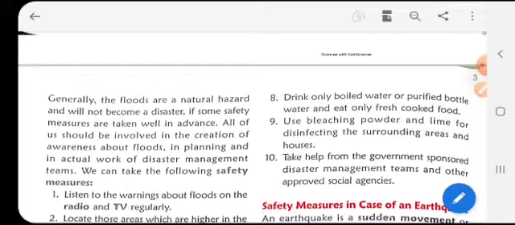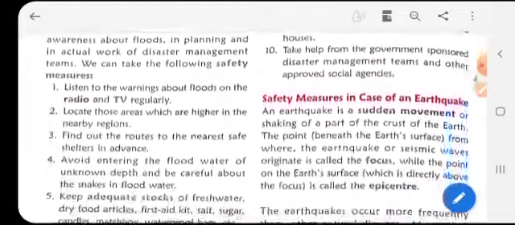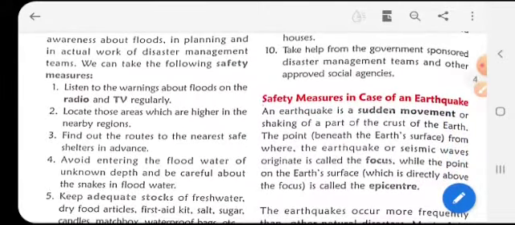Then take help from the government sponsored disaster management teams and other approved social agencies, and be safe during the floods also. Now, this is all for today, children, and we will continue with the other part in our next chapter.